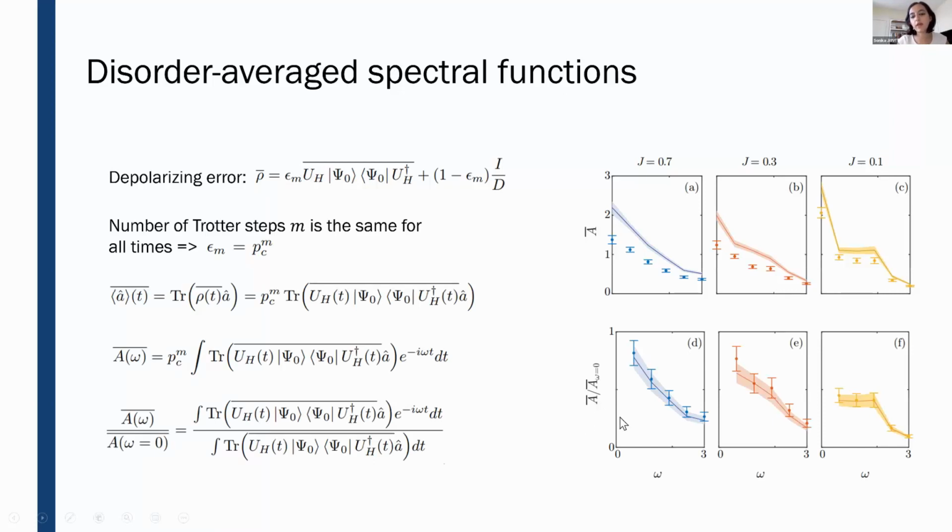Even if you have the relative value, you still can see the suppression of the response at low frequencies, which is what we were probing. That as you go into the disordered phase, the zero frequency response goes down. Great, thank you.